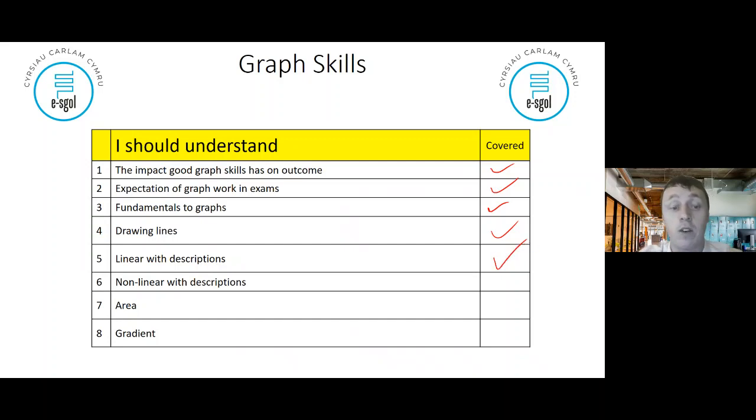We've looked at linear graphs and what descriptors we could use. So proportional, directly proportional, non-linear, where we introduce words such as increasing rate, decreasing rate. Finally, we get to some of the calculations such as area, so rectangle, triangle, and a trapezium rule. And then finally, the gradient, which we just saw, which is the skill where you take the change in that vertical versus the change in horizontal once you've added a right angled triangle to your graph.